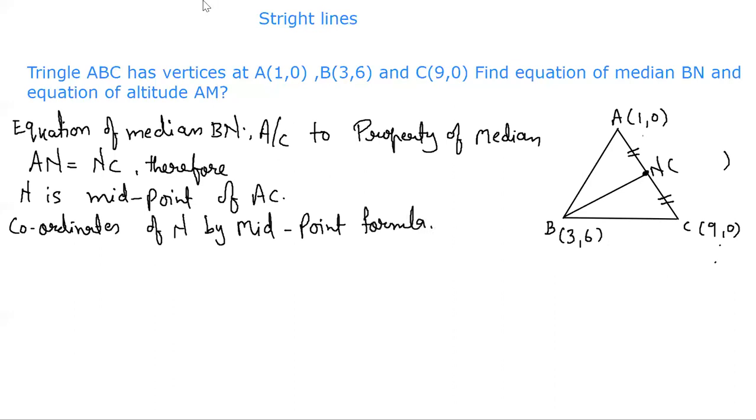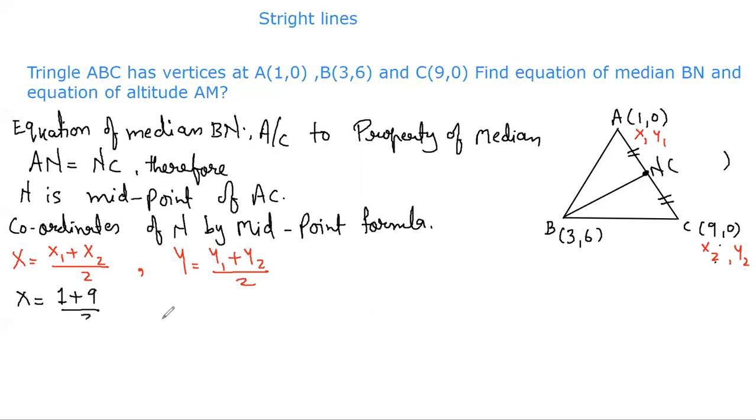The midpoint formula is: for the x coordinate, (x1 plus x2) over 2, and for the y coordinate, (y1 plus y2) over 2. Here x1 is 1, y1 is 0, x2 is 9 and y2 is 0. Putting these values in the formula, x is (1 plus 9) over 2, and y is (0 plus 0) over 2.